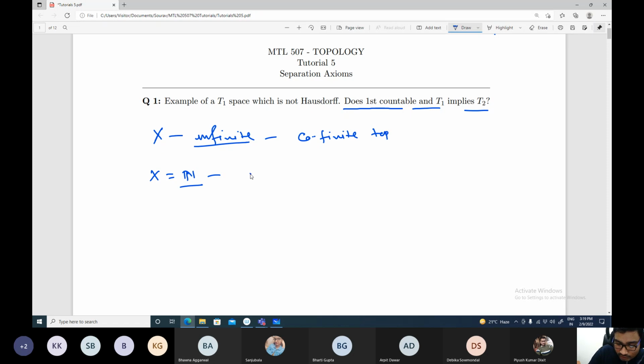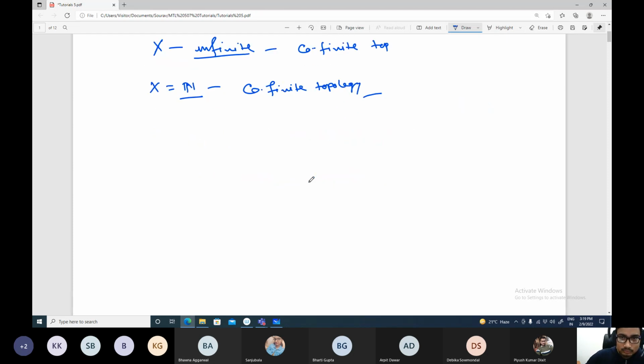If you consider the cofinite topology here, then you can see that this space is first countable. It is T1, but it's not T2. I leave it for you to verify that it is T1 and first countable, and that the space is not T2 is obvious, right?